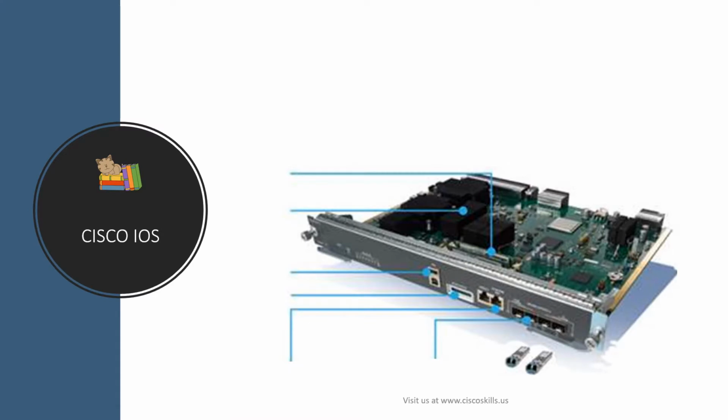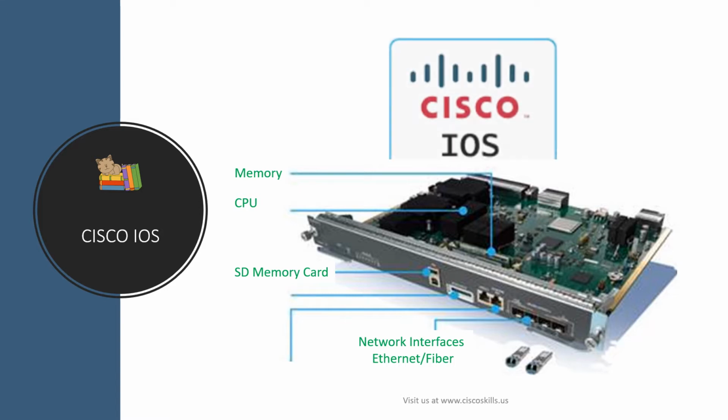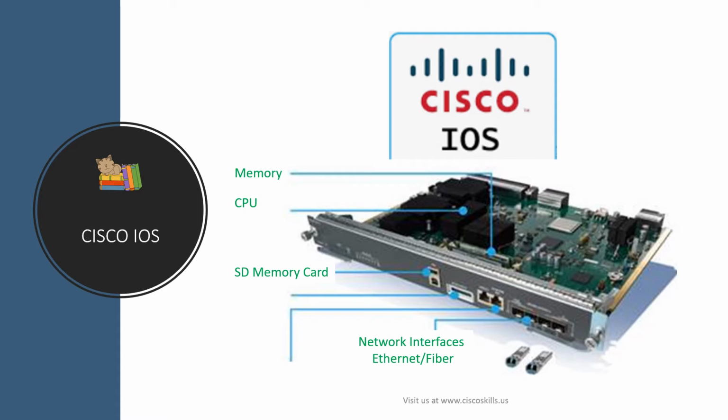This picture shows you the inside of a Cisco network device. As you can see, it has memory, CPU, SD memory cards, and also network interfaces. In order to manage these components and get them to work together, Cisco has developed the Cisco Internetwork Operating System, or Cisco IOS.